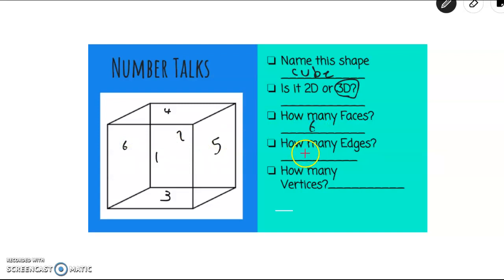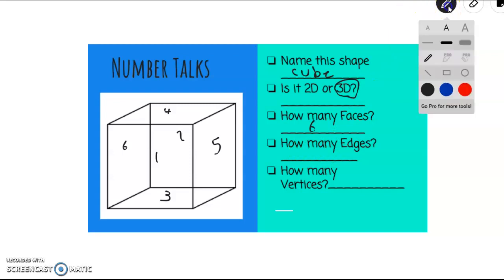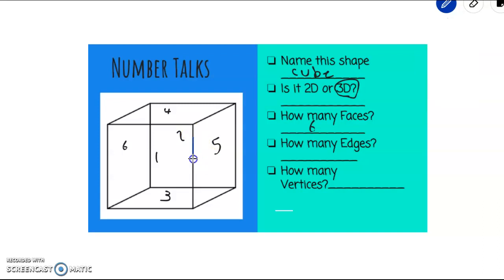Now, how many edges do we have? Let me go ahead and change this color so it's not too confusing. Let's count our edges. Remember, our edges are the lines. We have one here. Another one here. That's 2. Another one here. That's 3.